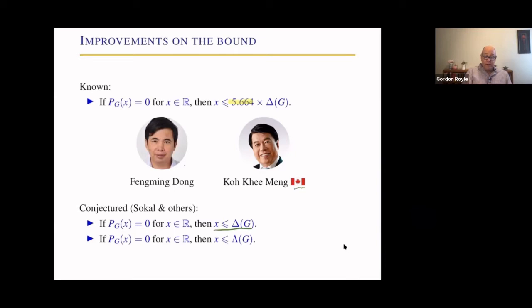And if you replace that maximum degree with this lambda parameter, then the same conjecture holds. And so the situation for bounding of real roots is quite unsatisfactory. We essentially have nothing except the bound for complex chromatic roots.